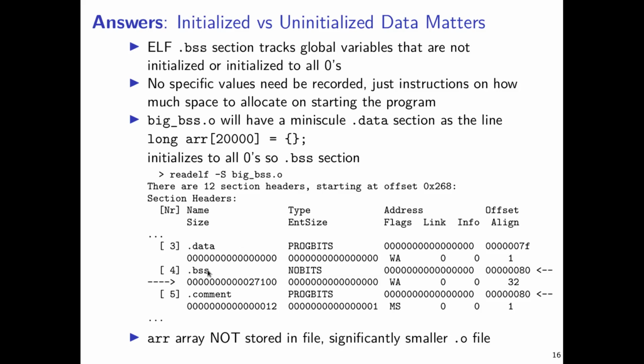May have learned it at some point, but I don't recall anymore. It was for data that should be initialized all zeros. And in looking at this data section in this big BSS.o, you'll see it takes almost no space, 0 bytes in fact. And so this BSS section starts at 80 and says I am 27100 bytes in hex big.